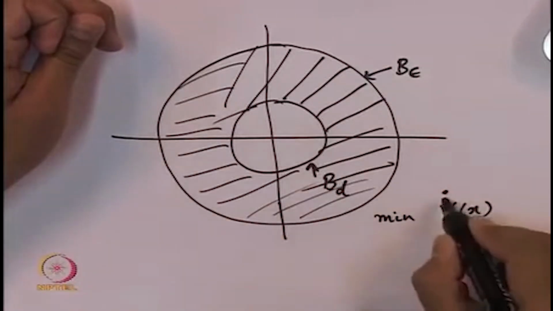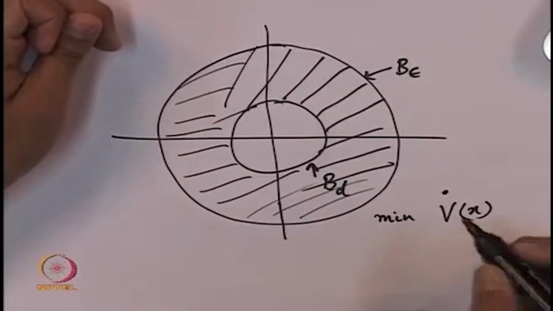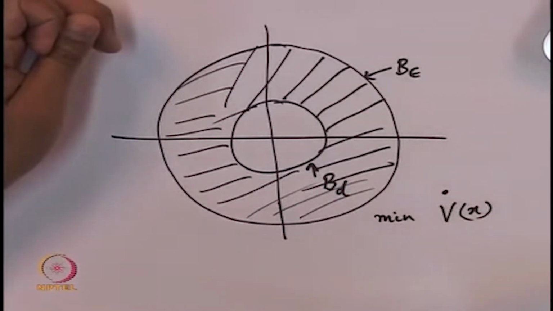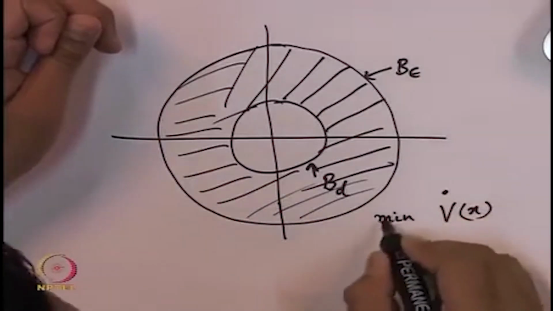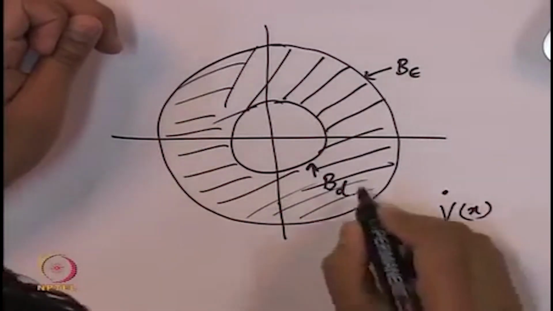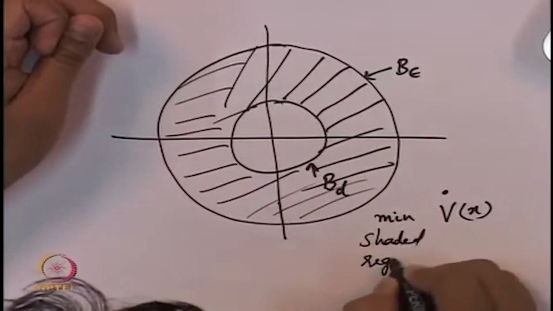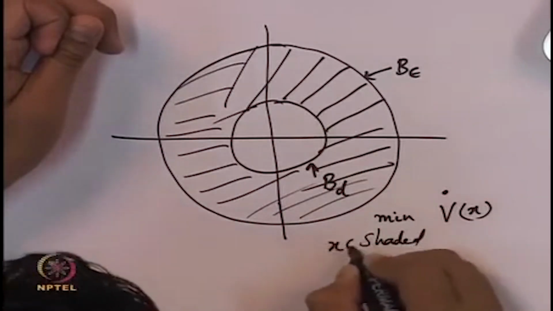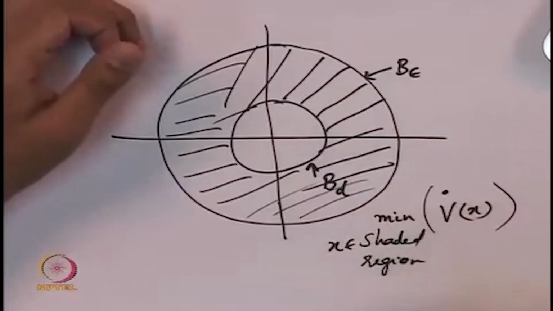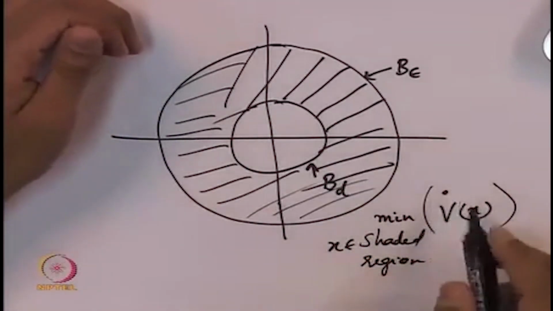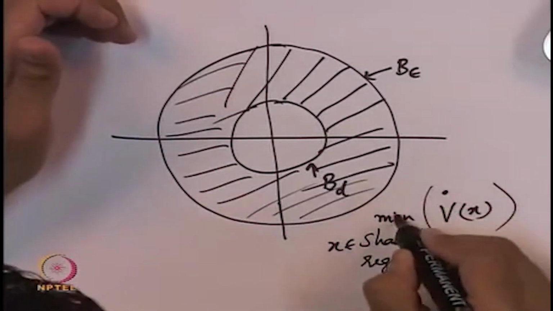At each point, V dot is some function, the rate of change of V with respect to the trajectory at that particular point. We want to optimize this quantity over this shaded region. I am sorry for writing the minimum, it is the maximum.